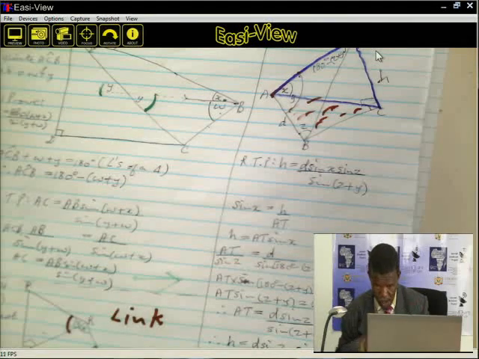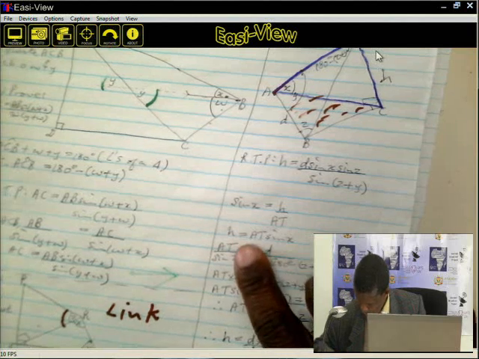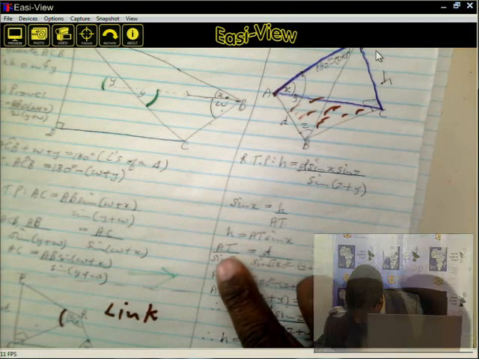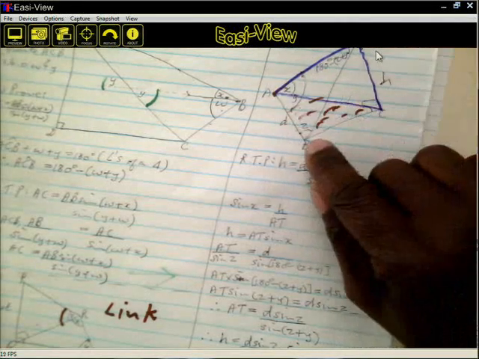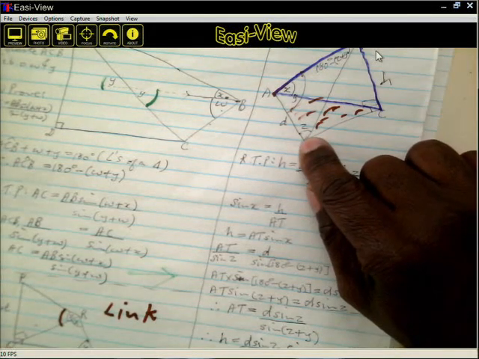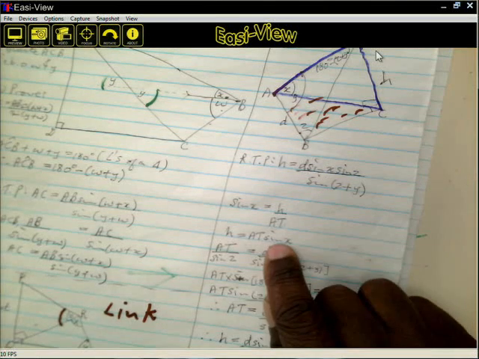Hence, we go to the non-right angle triangle, and we have AT over sine z. Here's your z. AT is opposite to z. Is equal to d.